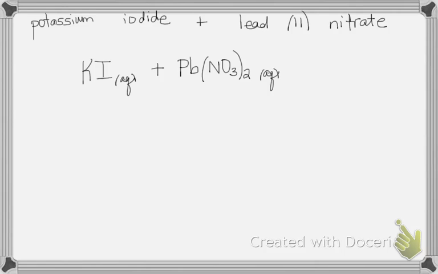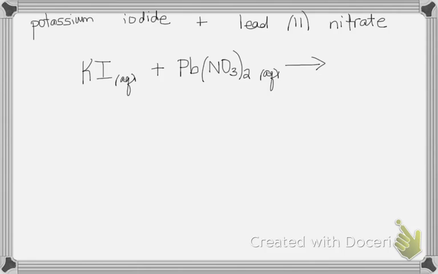Okay, this is a precipitation reaction, sometimes called a double exchange reaction. Have y'all heard that term before? Or an exchange reaction. If you took high school chemistry, you probably talked about these. How do you come up with the products of this reaction? You take the cations. What is the cation in potassium iodide? The potassium ion.